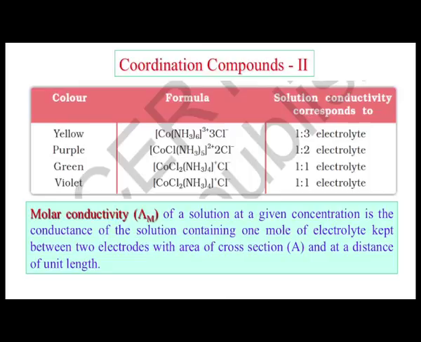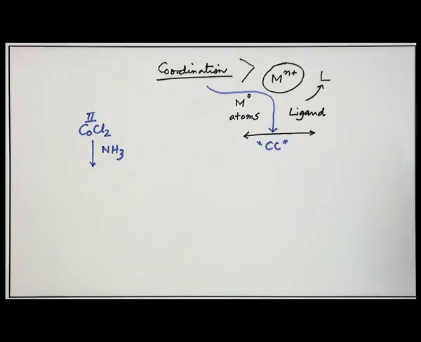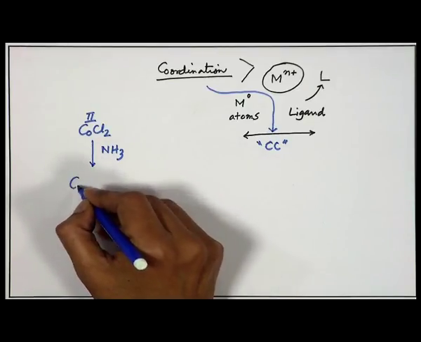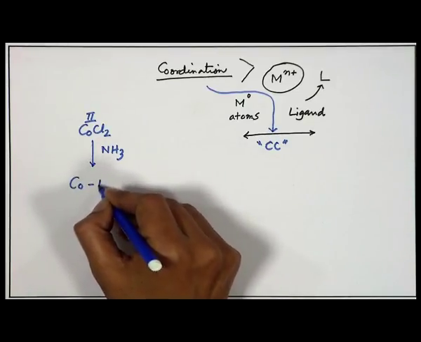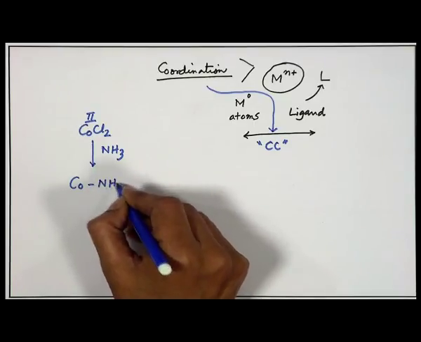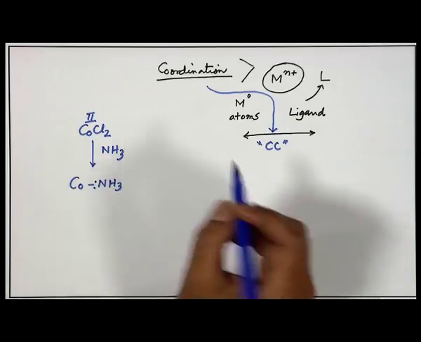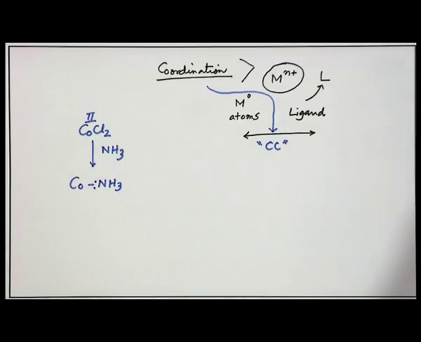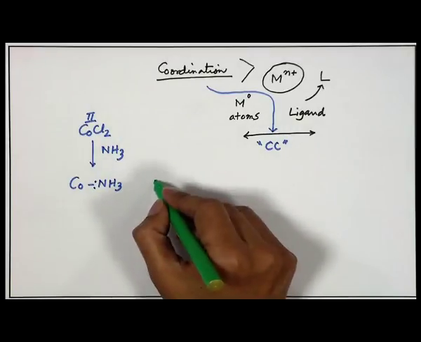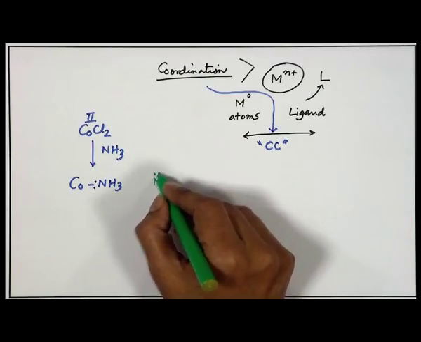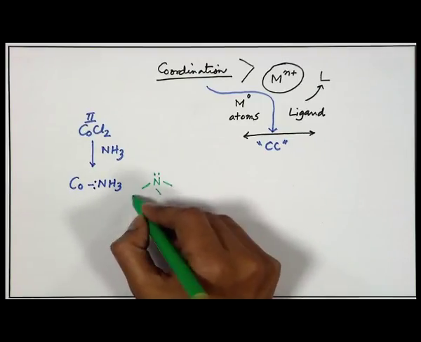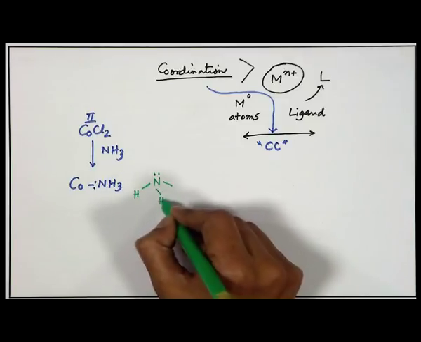When we react this cobaltous chloride with ammonia, we will find that the cobalt ion can form some interaction coming from the lone pair of electrons on the ammonia molecule, because ammonia, we all know, is typically a pyramidal molecule.